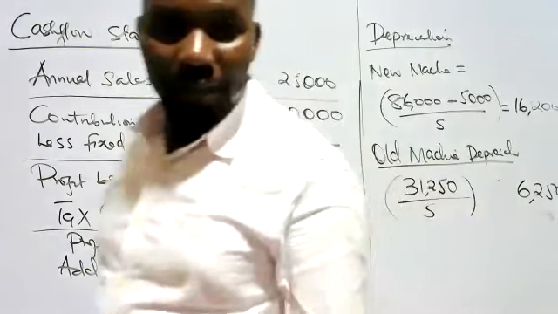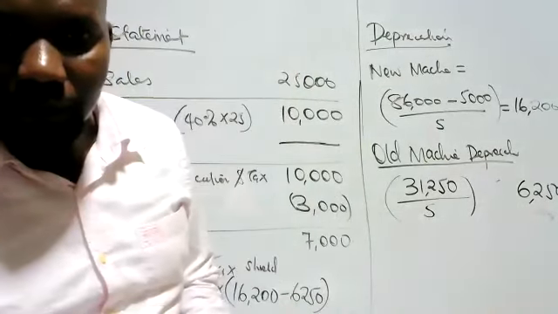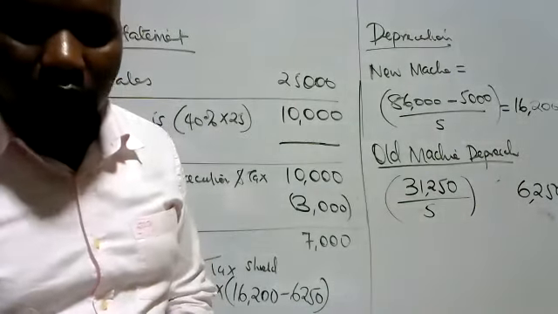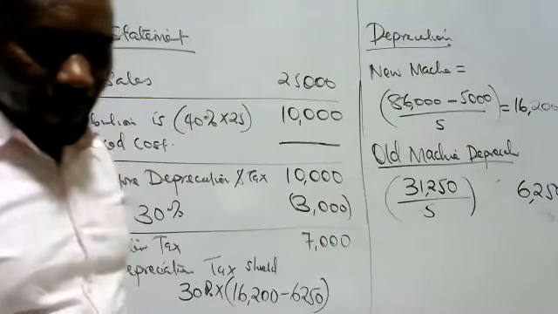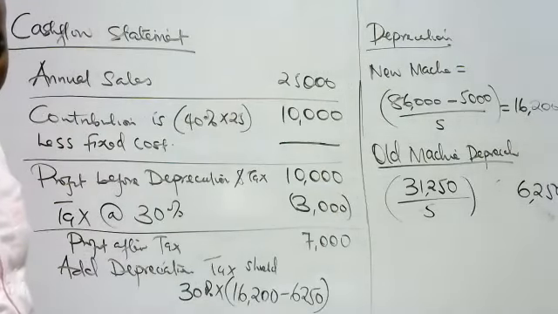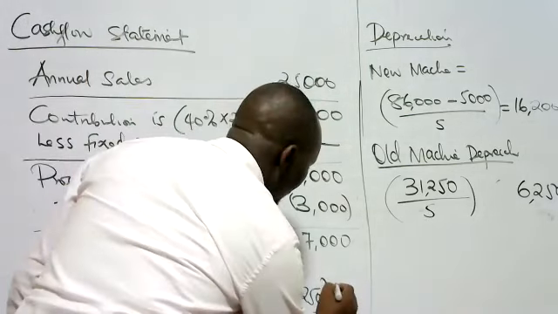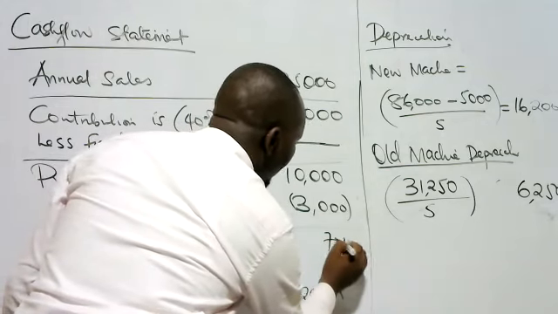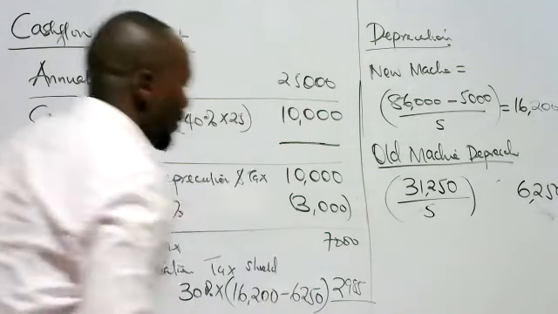So we have that is the 30%. 29.85. So add that 29.85. Now you add this 7,000 and 29.85. The total inakuja ngapi?